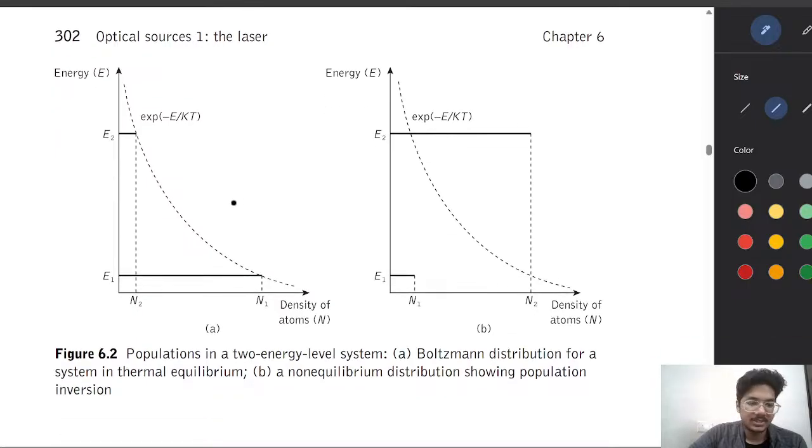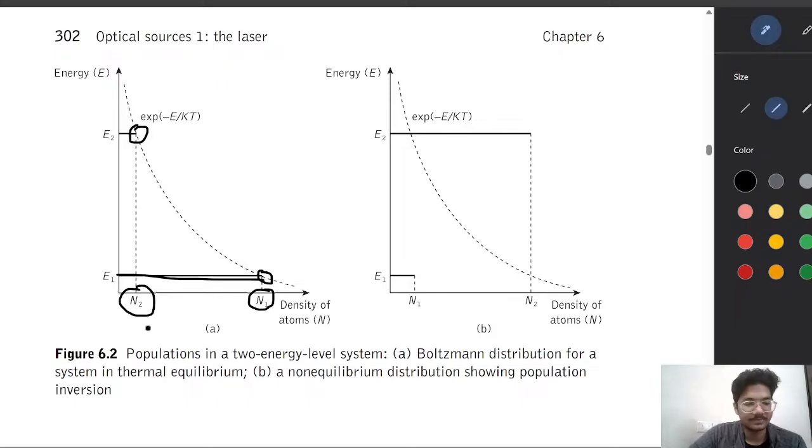This figure shows the thermal equilibrium. In this graph, n2 is for the higher level and n1 is for the lower level, the density of atoms. Most atoms are in the lower level E1, and fewer atoms exist in the higher level.